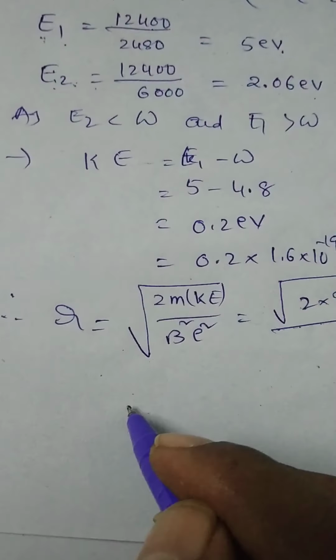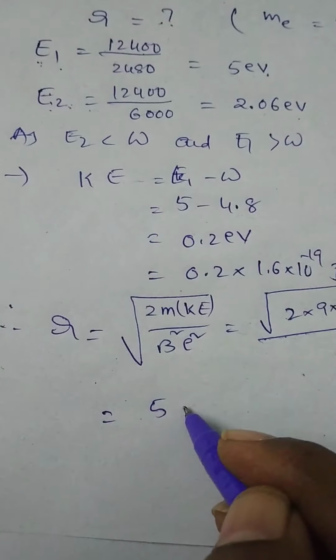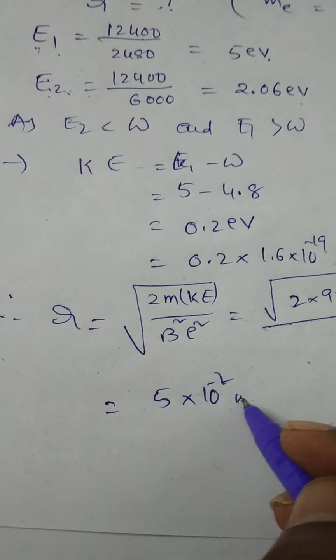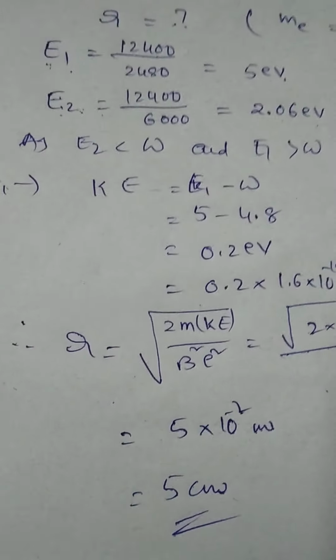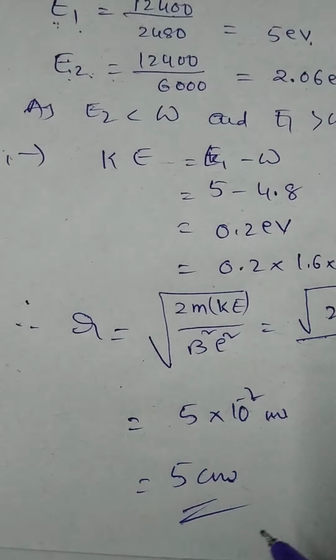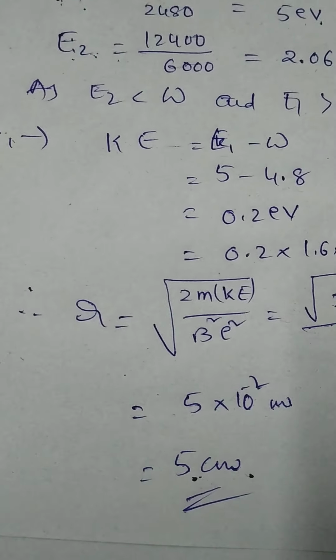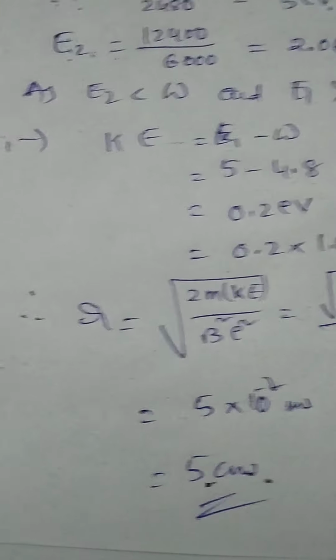On solving it, R is equal to 5 into 10 power minus 2 meters, or 5 centimeters. So therefore, radius of the path followed by the charged particle in the magnetic field is 5 centimeters. Right?